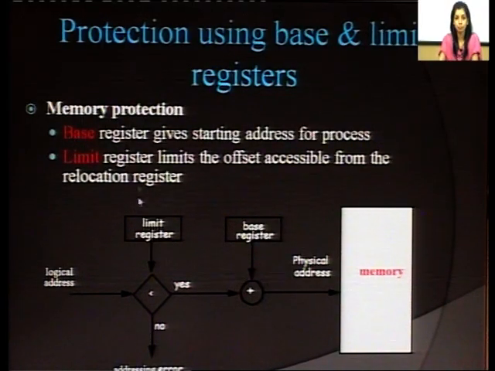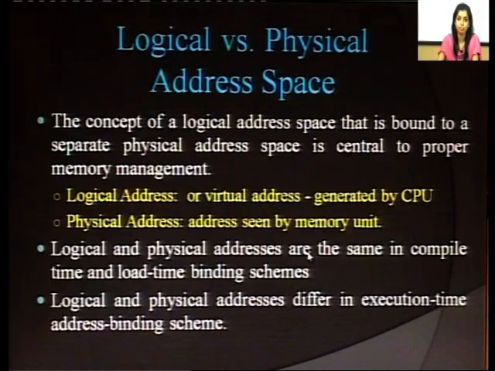Here is the condition: if the limit value is exceeded, that means it is greater than the limit, there is an error. If it is less than, then the base register value is added and it is converted into a physical address in the memory.